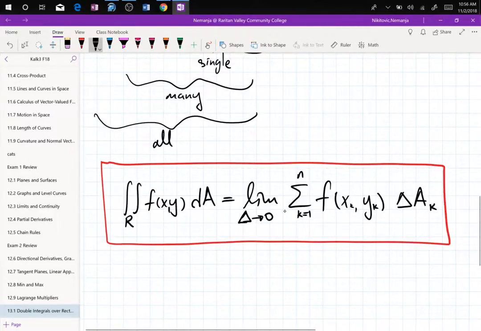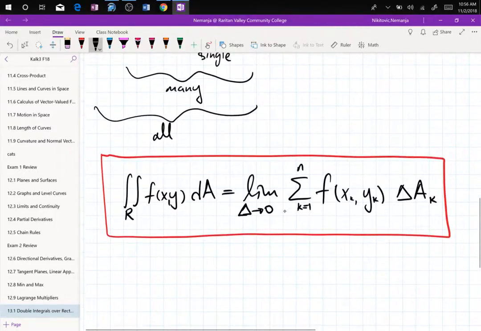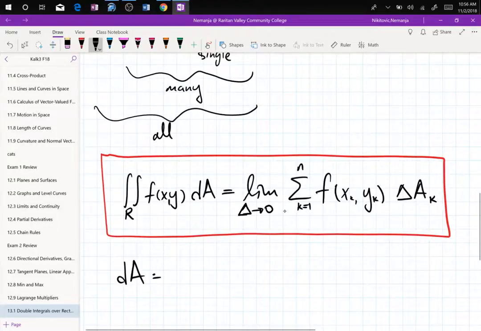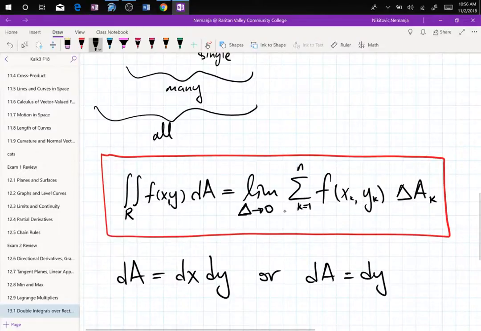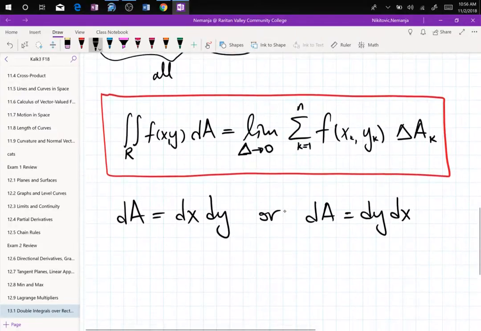Now, what does this mean? Well, first off, our dA is either dx dy or dA is dy dx. You can have them in any of these two orders, right? You can have x first and y second and so on.